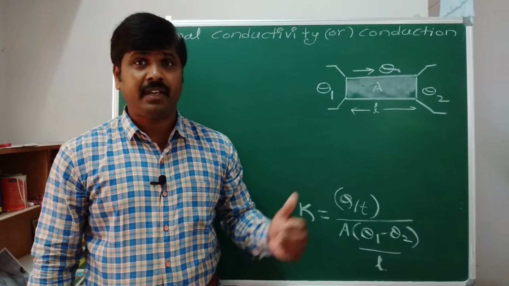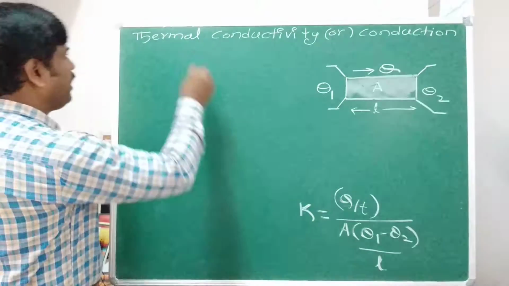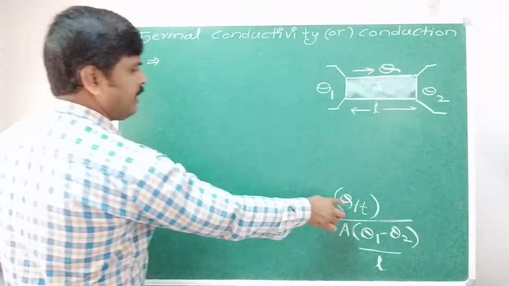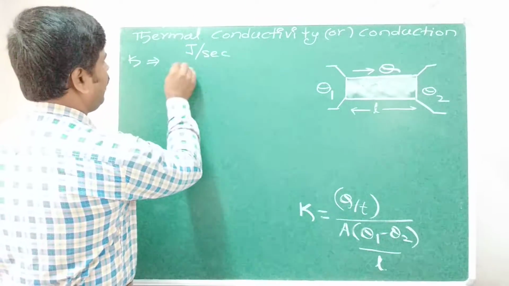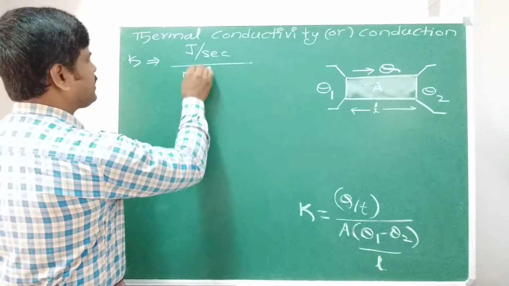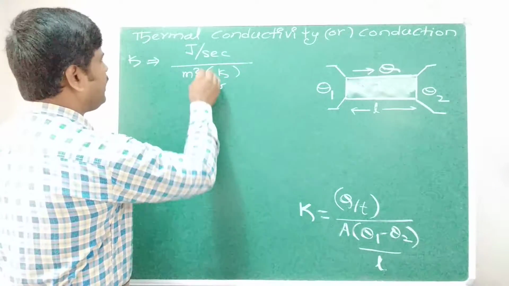Now, continuation, SI units of coefficient of thermal conductivity. K equals numerator joule divided by second, whole divided by area in meter square, temperature in Kelvin divided by meter.